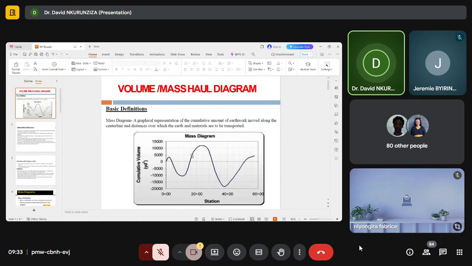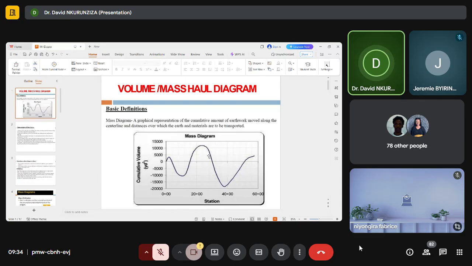So that horizontal line I have drawn, intersecting those two points within the same curve, will indicate a balance of excavation and filling. Here I have the cut or the excavation, which is 5,000. Then here I have also a fill, which is 5,000.